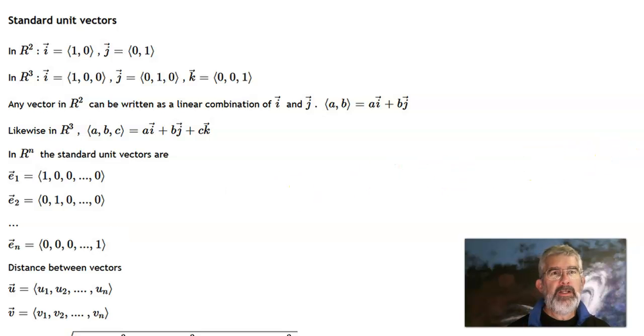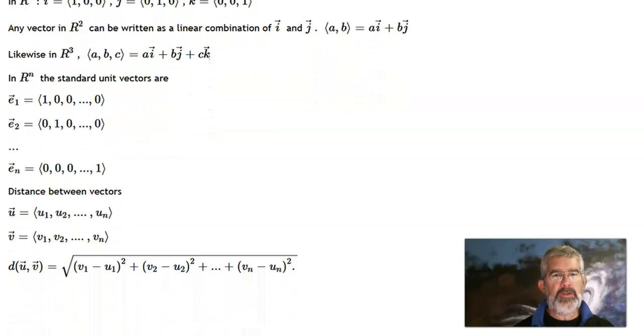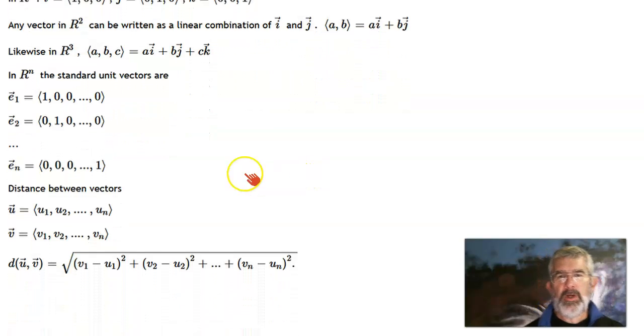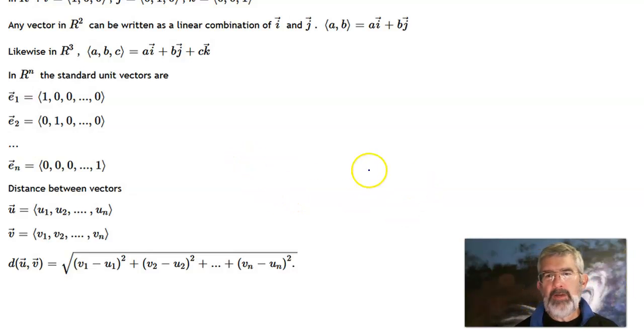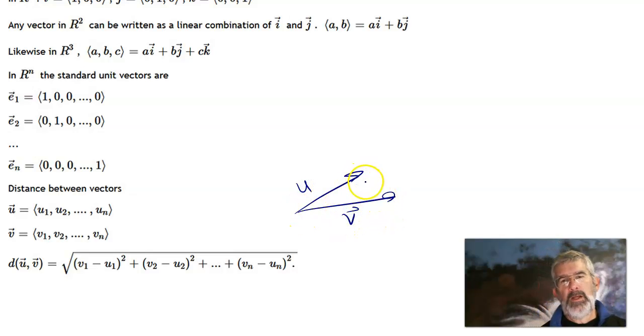Now, the last thing I need to talk about in this video is the notion of distance, the distance between two vectors. What the heck do we mean by the distance between two vectors? If I've got a vector u and a vector v, what's the distance between them? Well, what we're going to mean by it is actually, stick them in standard position, and look at the distance between the two endpoints.